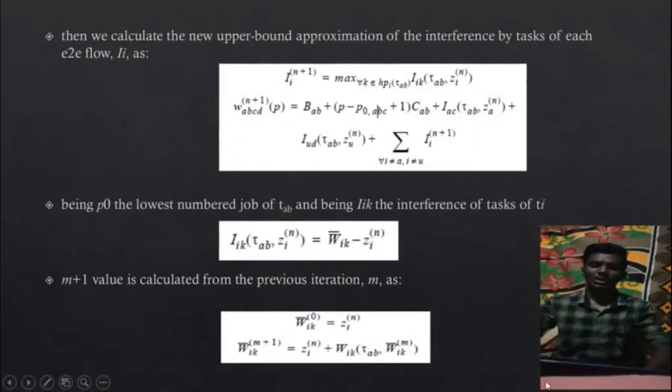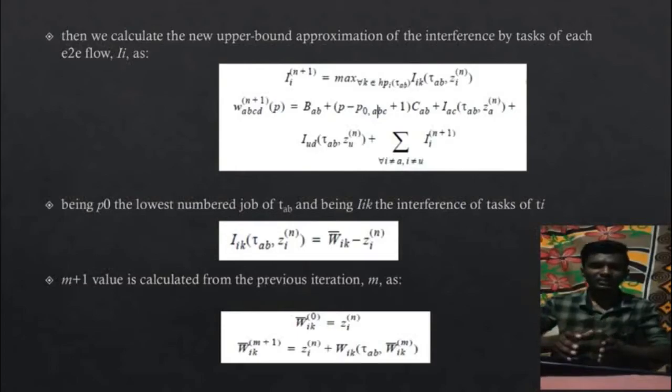It is given by I of n plus 1 equal to the maximum of I_ik, then tau_ab and Z_i. So W_abcd of p is given by B_ab plus p minus p_0 of abc plus 1 into C_ab plus I_ac into tau_ab.